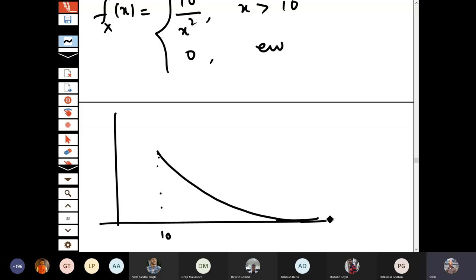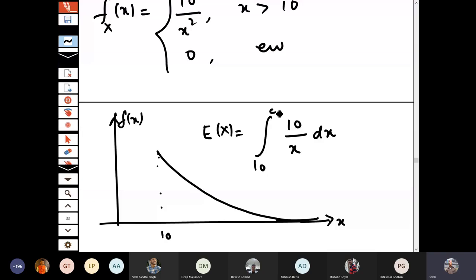So here the density is like this. For this one, what is expectation of x? Integral of 10 by x dx from 10 to infinity.